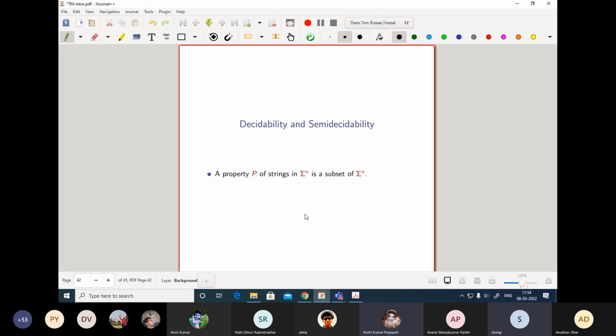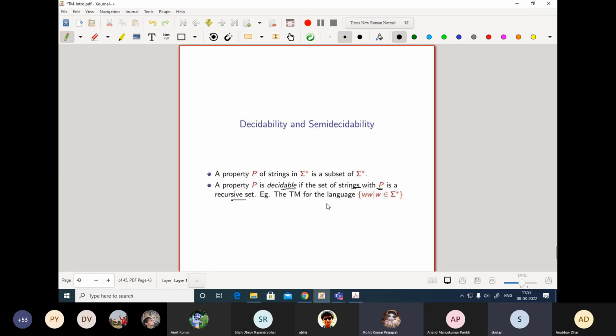And finally, a property of strings on sigma star can be thought of as a language. So this is a subset of sigma star, and this property is said to be decidable if the set of strings that have this property P is a recursive set.